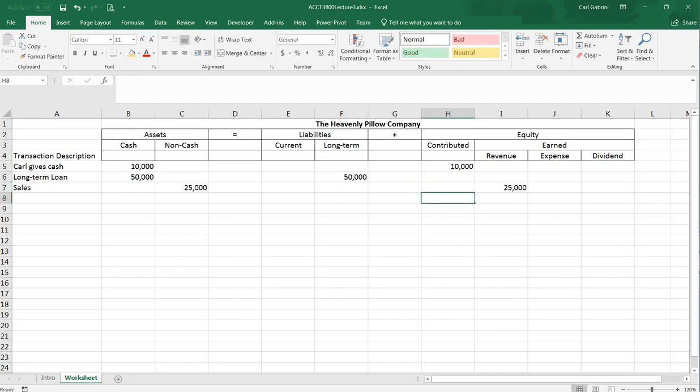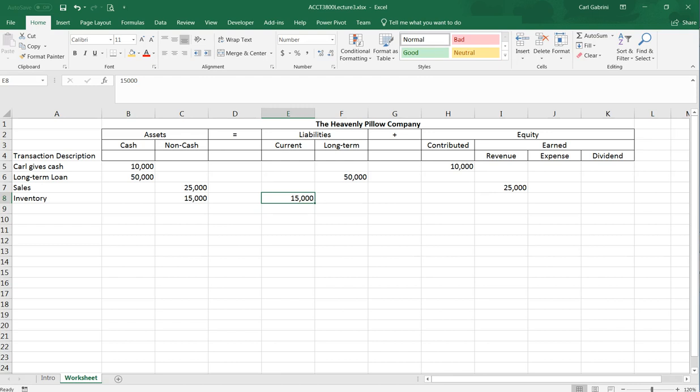We have sales. The inventory of pillows was purchased, and say that was $15,000 for inventory. And we paid that using accounts payable, so no cash left. Again, everything is in balance here.